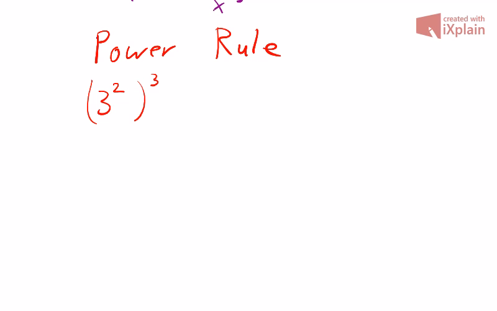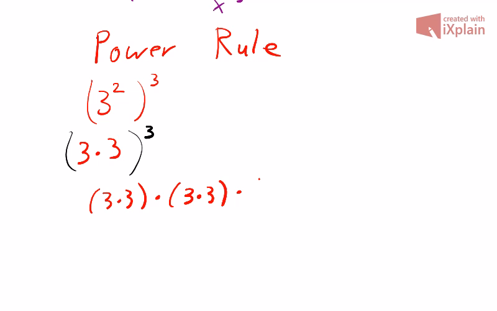Well, we know what 3 squared is: 3 times 3. So what I'm going to do here is take this and raise it to the power of 3. What that gives me is 3 times 3 times 3 times 3 times 3 times 3.